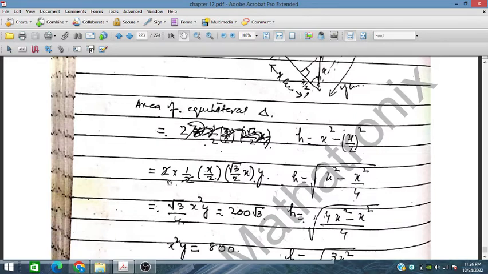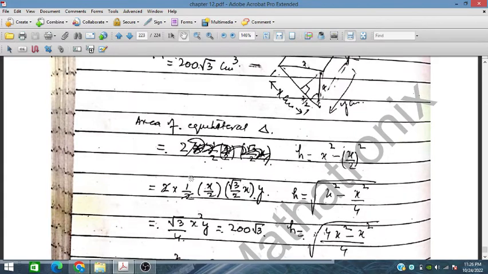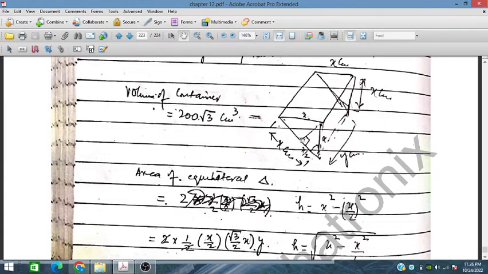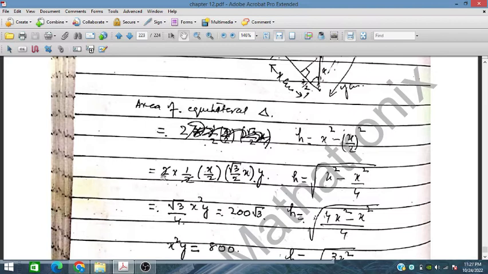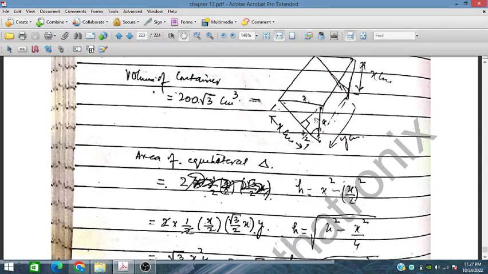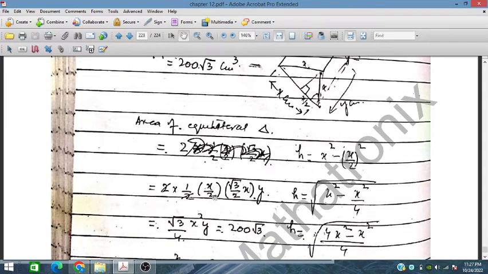This area is twice the area of the right angle triangle, half of the base times the height. So twice of this is equal to the height times x by 2.